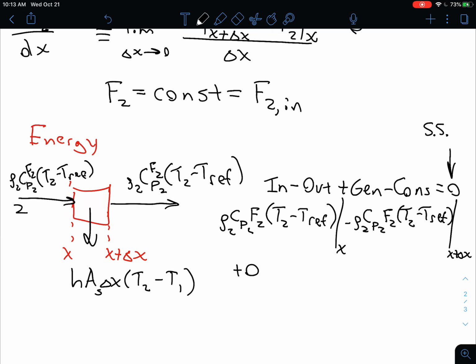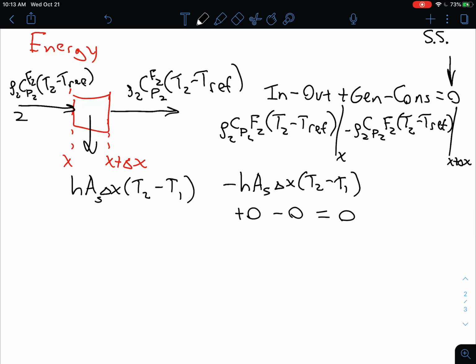The generation is 0, the consumption is 0, and the accumulation is 0. And, sorry, I forgot an output term. This is the term I forgot. So this is going to be minus H A sub s delta x T2 minus T1.